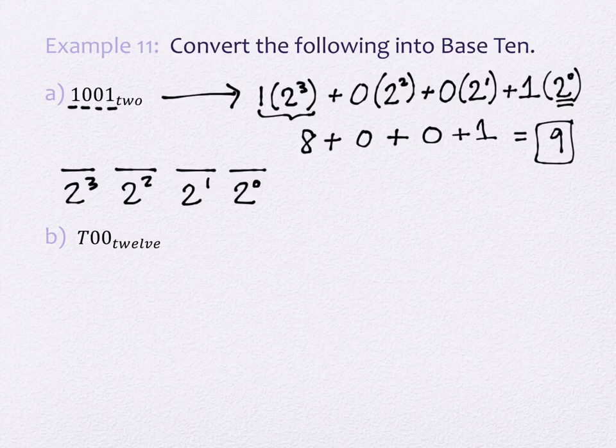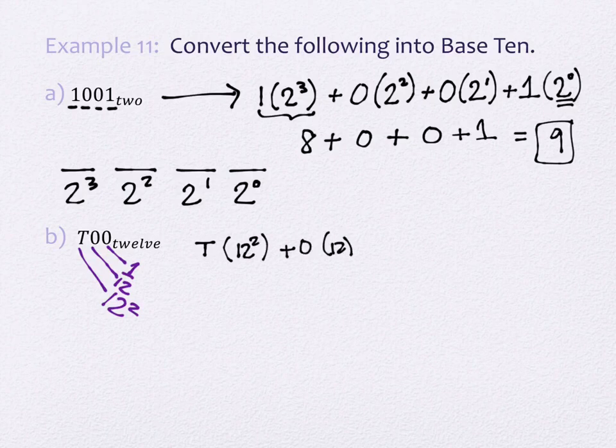Oh, look at there. The T00 showed back up, didn't it? Okay. But it's base 12, right? So I won't write them all out in longhand this time. But this is the 1's place and the 12's place. And what's the next value? What place value am I in? 12 squared, right? It's 12 squared. So I have a T, I'll leave it as T right now, times 12 squared, plus 0 times 12, plus 0 times 1.